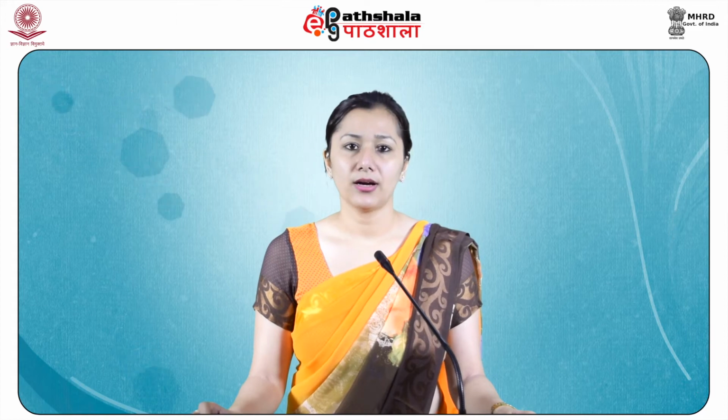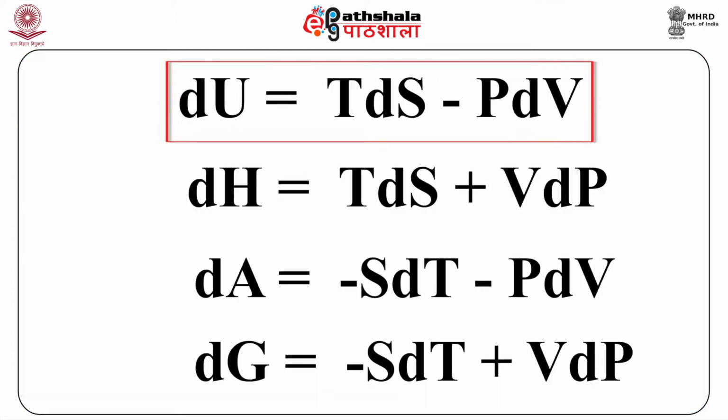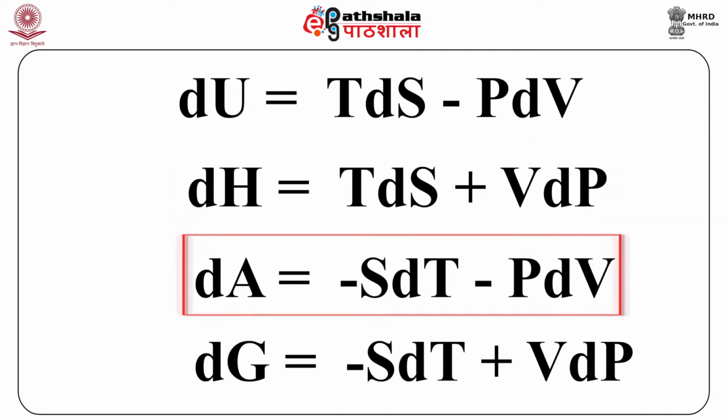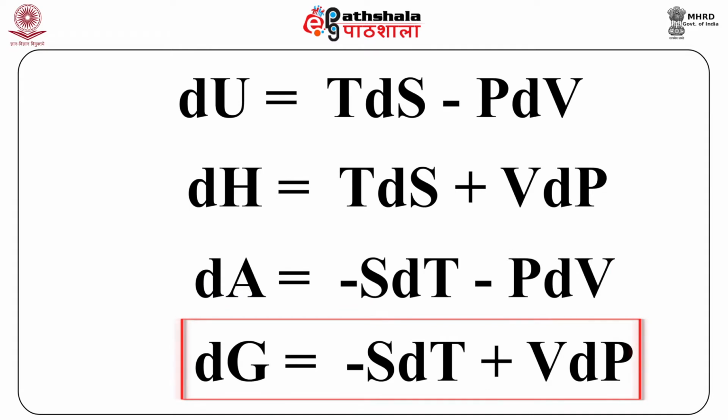Some of these are: number 1, dU equals TdS minus PdV. Number 2, dH equals TdS plus VdP. Number 3, dA equals minus SdT minus PdV. Number 4, dG equals minus SdT plus VdP.